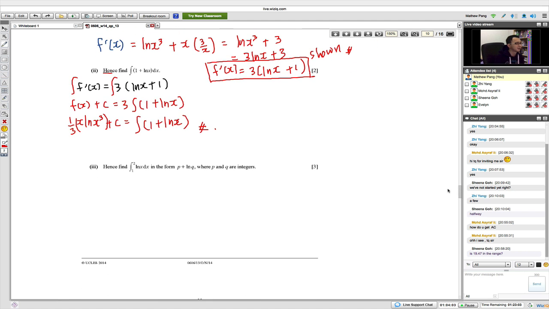Okay, for this one, hence it asks you to integrate ln x in the form for this one. So I want to integrate ln x. Basically, I know this one I can separate them, but I will copy the whole thing down, just to give you some idea how to do this one. So I will say ln 1 plus ln x.